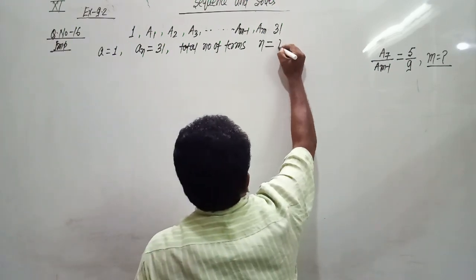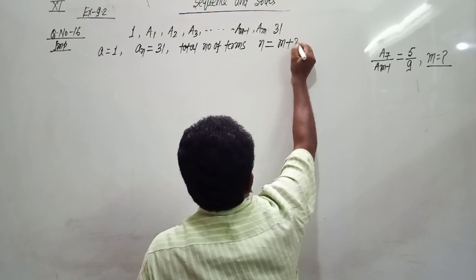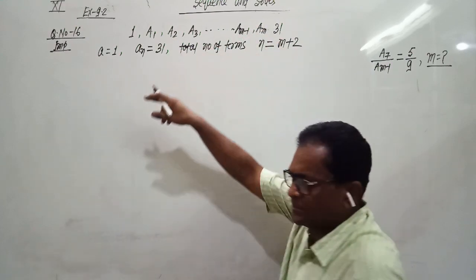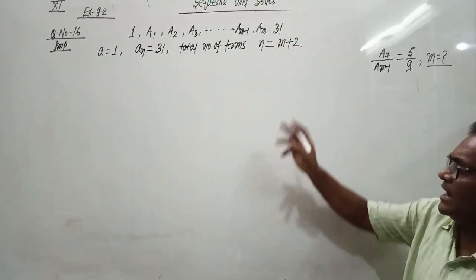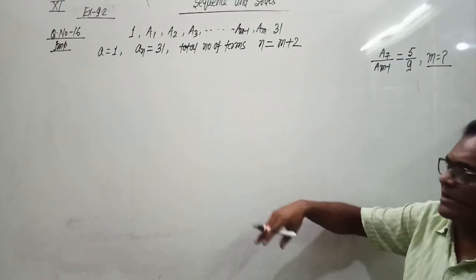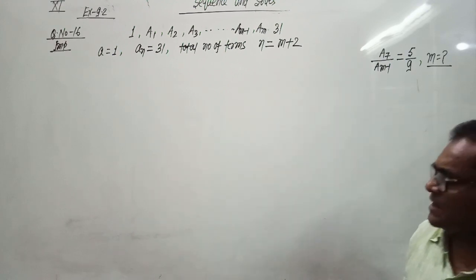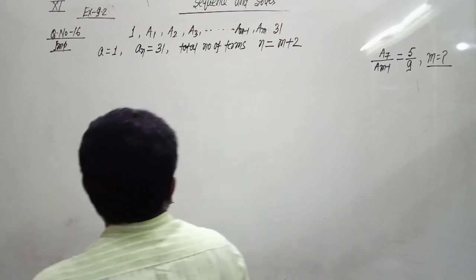So the total number of terms will be m plus 2, as there are m numbers between 1 and 31 and the two numbers 1 and 31.